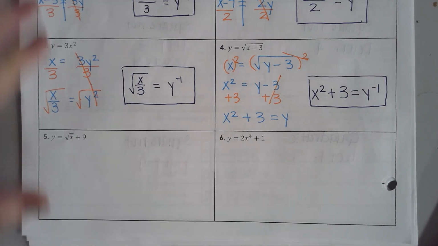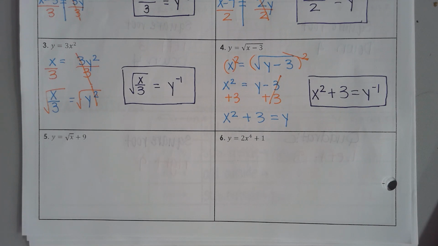Number 5, y equals the square root of x plus 9. This one also has a square root like number 4, but what's different about it? Only the x is under the square root. That plus 9 is on the outside. So yesterday we talked about translations.